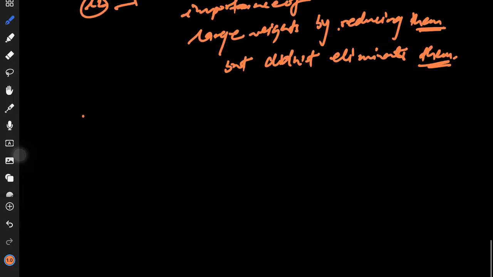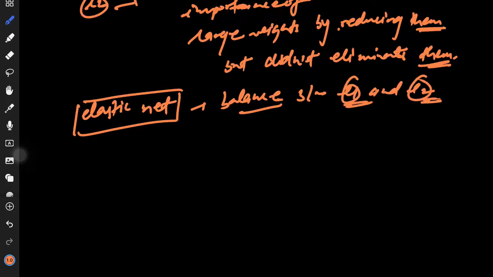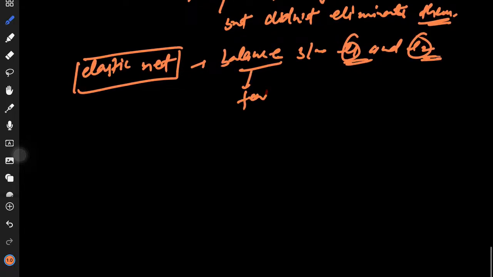And here comes elastic net. So elastic net is the balance between L1 and L2. In elastic net we add both the terms. So what it does, it balances the feature selection and also the weight reduction.